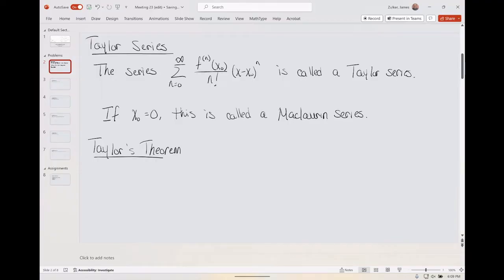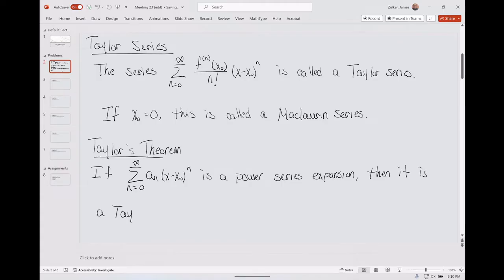I think this is Taylor's theorem. It basically says that the only power series expansion for a function is the Taylor series.